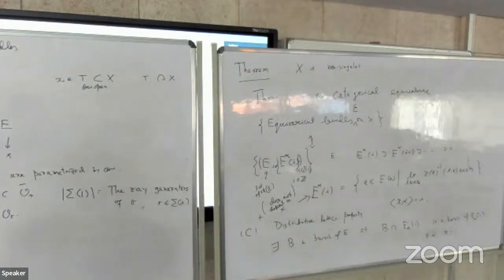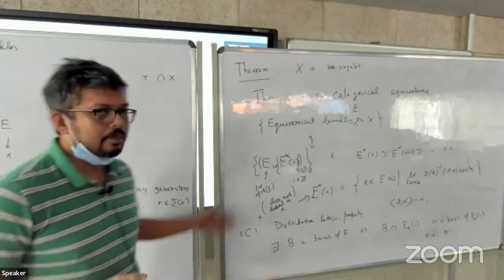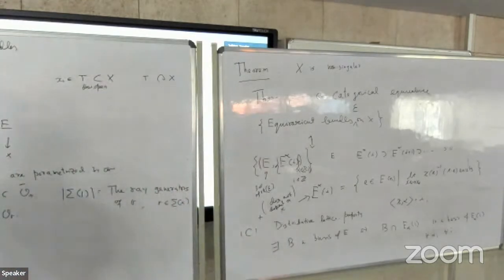So this is Klyachko's big theorem, which is a very useful theorem for the study of equivariant bundles on toric varieties. This got generalized for equivariant sheaves, which I will come to in a moment. Okay, but let me say a few things about this theorem of Klyachko. Using this theorem, Klyachko proved the Horn conjecture.